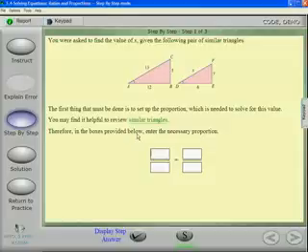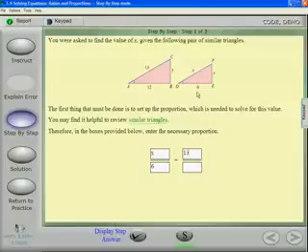Then it says, in the boxes provided below, enter the necessary proportion. So what we could say is x, which is what we want, is to, let's say, 6. So x is to 6, and that makes me write x over 6 as, and I look for corresponding in the same order. x corresponds to 13 in terms of its location, the hypotenuse of this triangle.